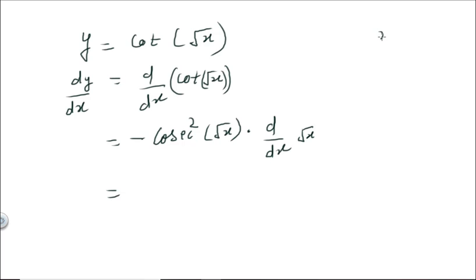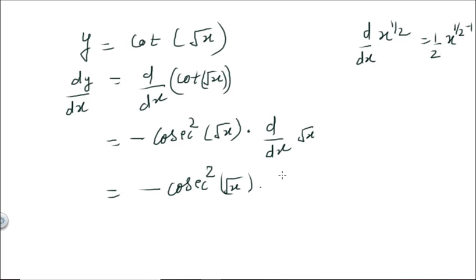Under root x means x to the power half, and d by dx of x to the power half, you will take n in front and x to the power half minus 1, which is x to the power minus half. So the differentiation of this will be minus cosecant square root x into 1 by 2 root x, and for x it will be 1. Clear? So this is how you are going to solve the questions of chain rule, the differentiation.